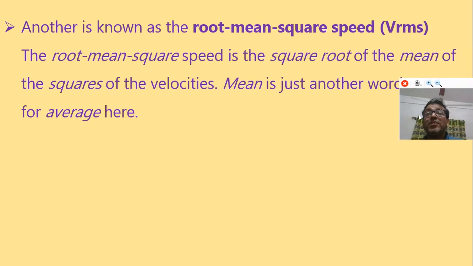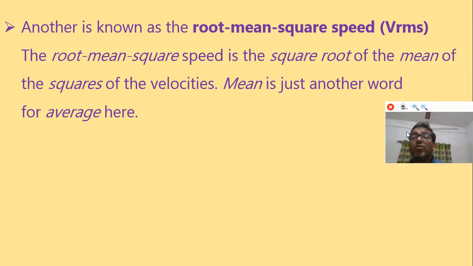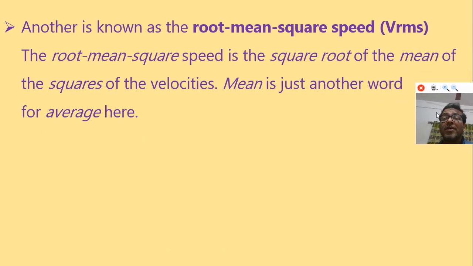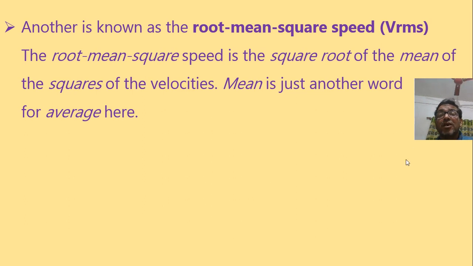Another is the root mean square speed. What is the root mean square speed? It is the mean of the squares of the velocities. Mean is just another word like average here. First we take the square, that is the mean square speed. We already did these things during the derivation of the kinetic theory. The mean square speed, and after that we take the root, and then it is called the root mean square velocity.